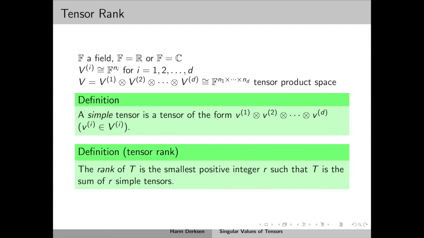So this notion of tensor rank actually generalizes the notion of rank of a matrix if you take d equal to 2, because every rank r matrix is the sum of r rank 1 matrices.